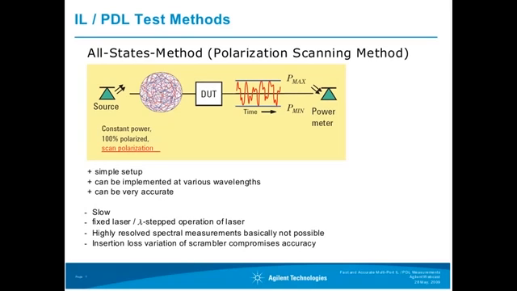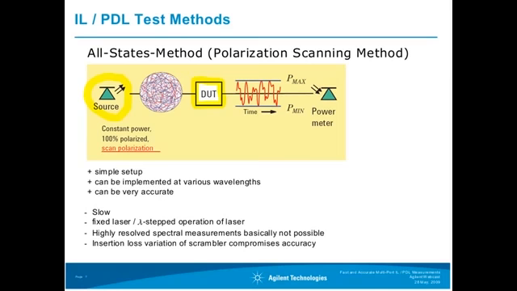In that case, you have an optical source, a laser for example, and that source is guided through a polarization scrambler. The scrambler just changes the polarization in an artificial, random way, which means that the device under test is exposed to many different polarization states, basically every state which you have on the Poincare sphere.